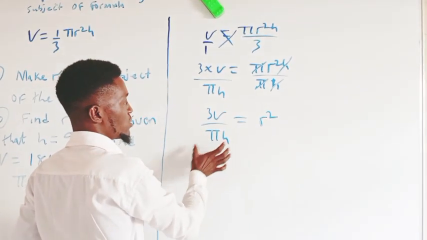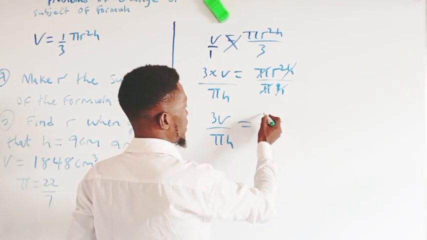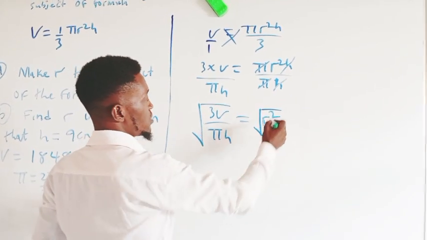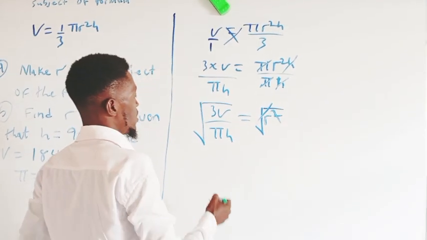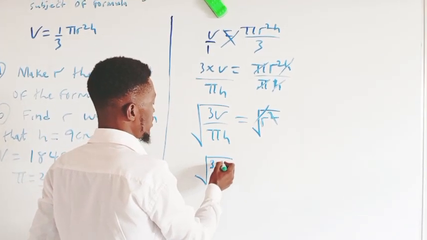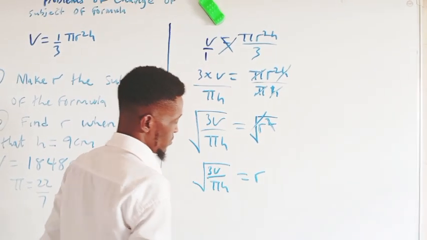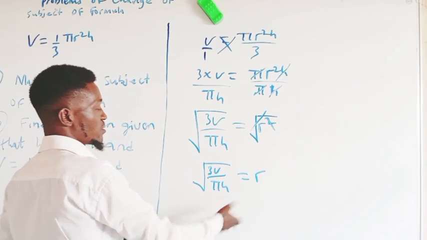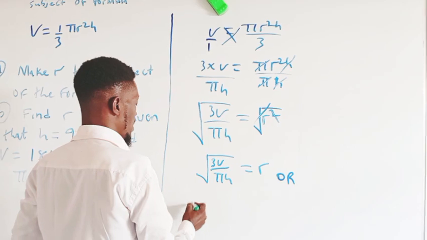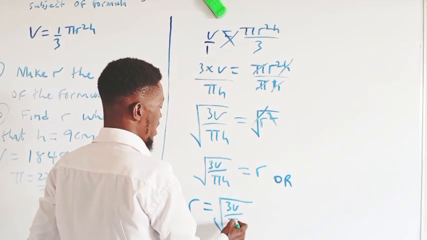The square cancels the root, and we are left with the root of 3V over pi h equals r. We can leave the answer like this, or express it as r equals the square root of 3V over pi h.